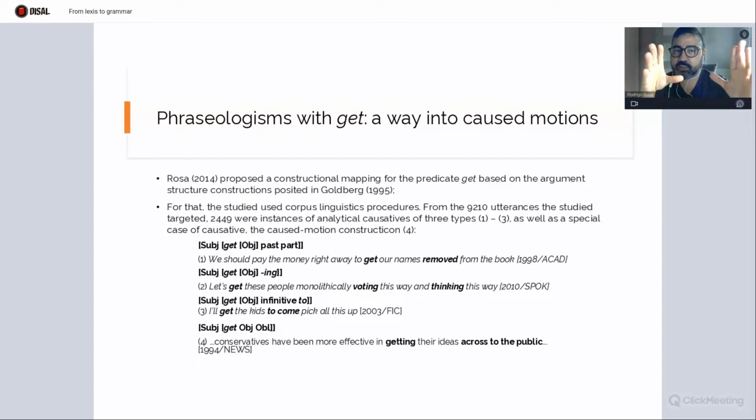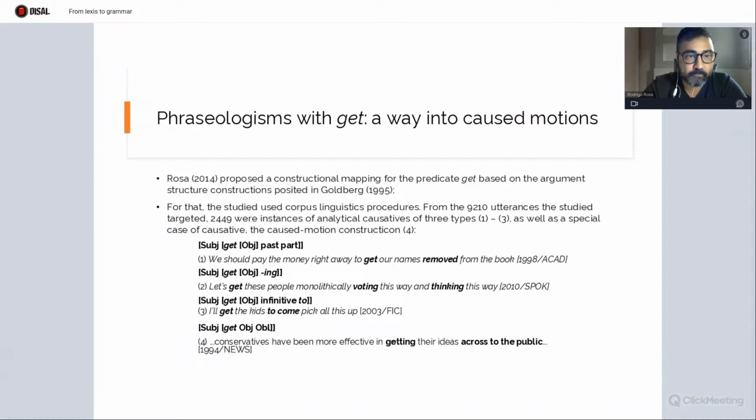So I asked the corpus to give me all of the instances of the verb get, irrespective of their morphological status. So I got things such as get, gets, getting, got, gotten, right? Then I looked for the lemmatized version of the verb get plus an NP, plus collocational complements that were nominal, more specifically. Okay.